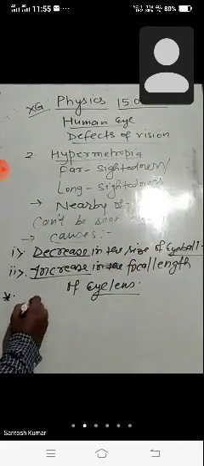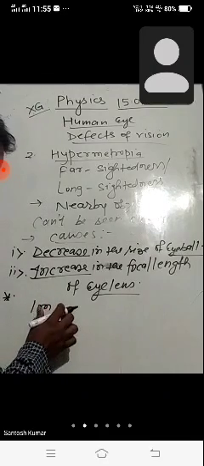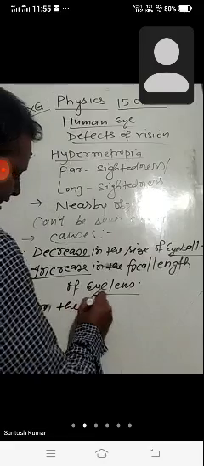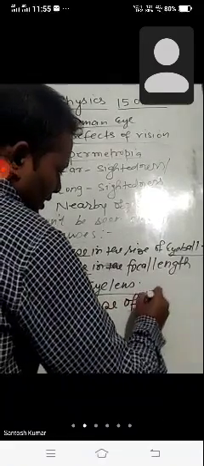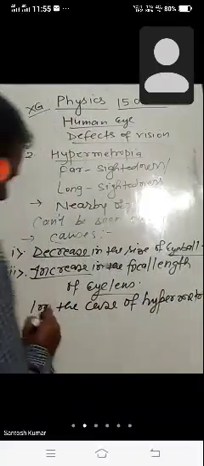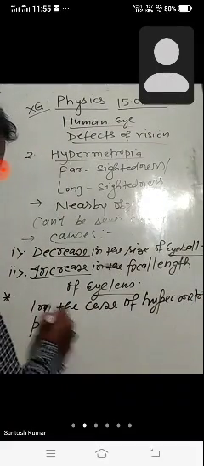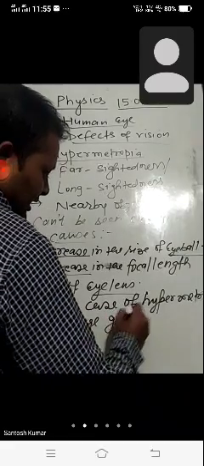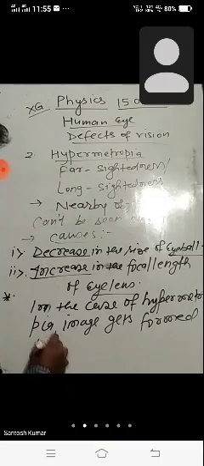So you can write, in the case of hypermetropia, image gets formed behind the retina.